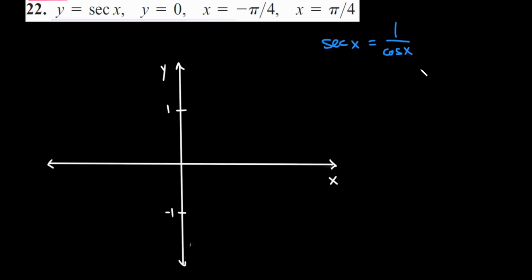Another couple points worth noting are the asymptotes. Whenever you have a function in a denominator, you're going to have vertical asymptotes at x values where the denominator would equal 0. In this case, cosine of pi over 2 and negative pi over 2 would give you 0, and so we would have vertical asymptotes at those points. It's worth noting that.